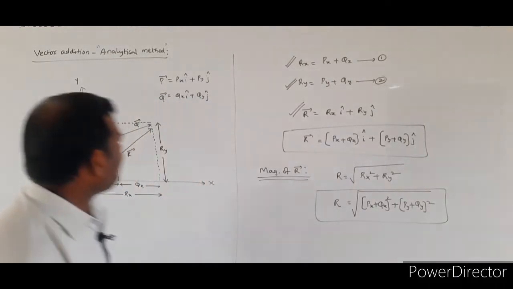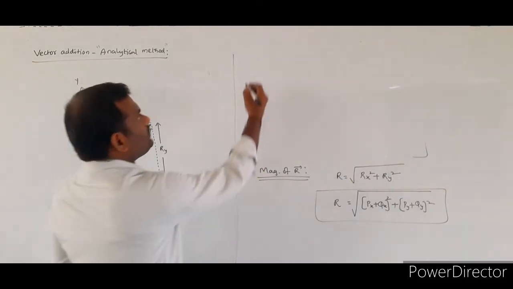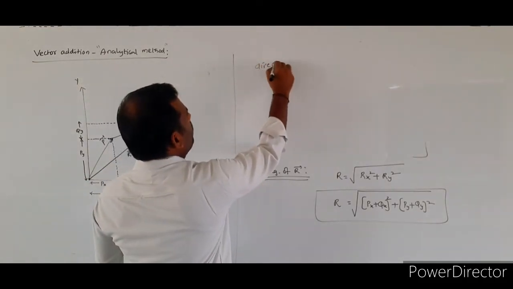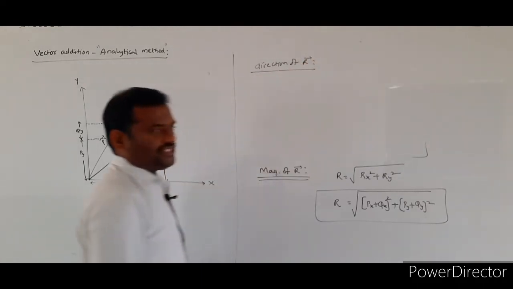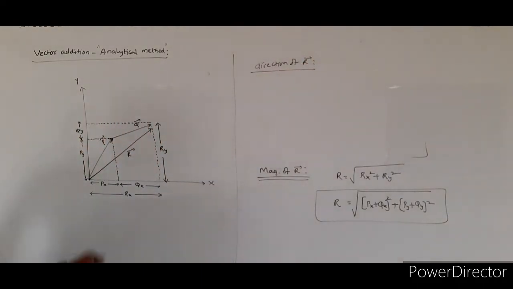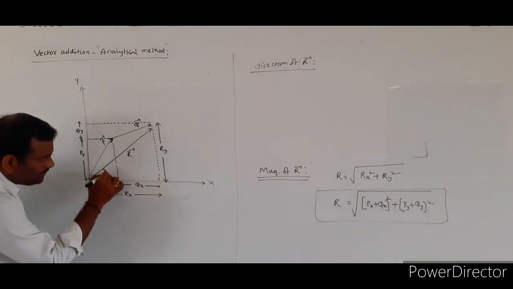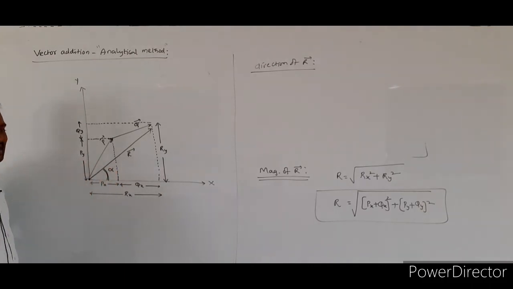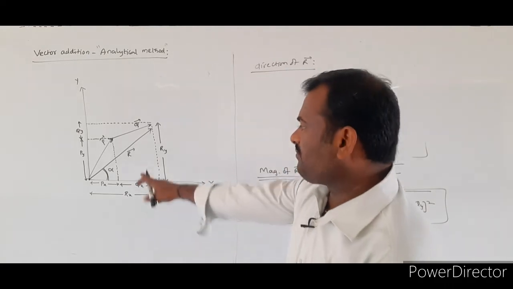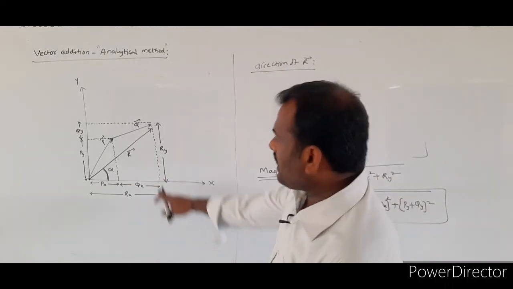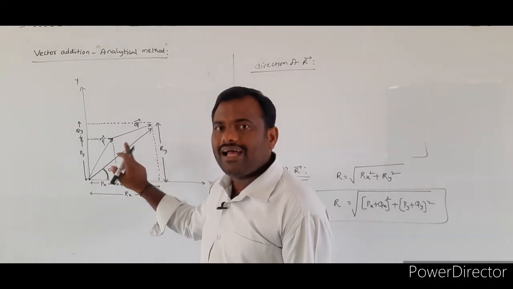Now, how can we calculate the direction of a given vector? Direction of R. From this diagram, I am assuming that the resultant vector R bar makes angle alpha with respect to the x-axis.